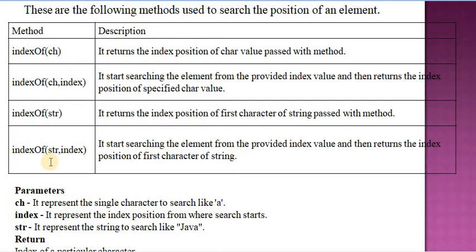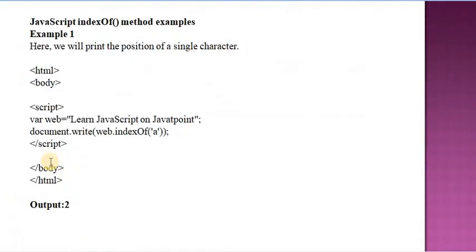Next point is the JavaScript indexOf method. First example: we will print the position of a single character by passing a single character. In this example, HTML body and script tags are included. In the script tag, web is a variable.